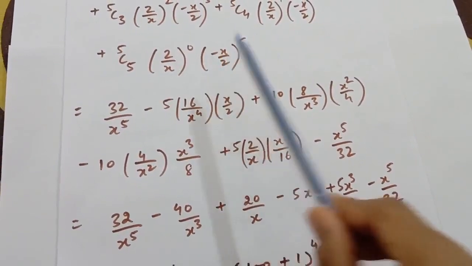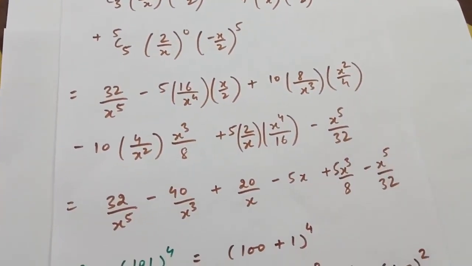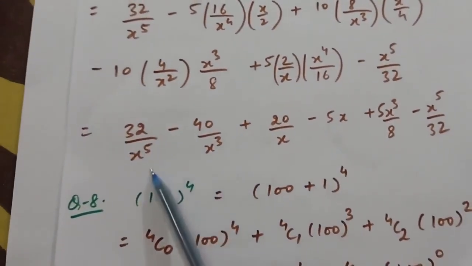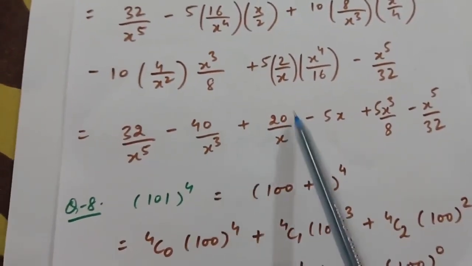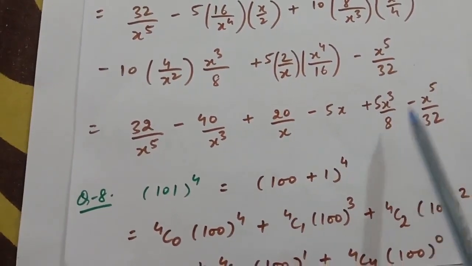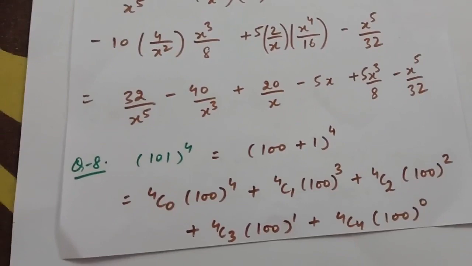This will become minus x raised to the power 5 upon 32. So after solving you will get 32 upon x raised to the power 5 minus 40 upon x cube plus 20 upon x minus 5x plus 5x cube upon 8 minus x raised to the power 5 upon 32.